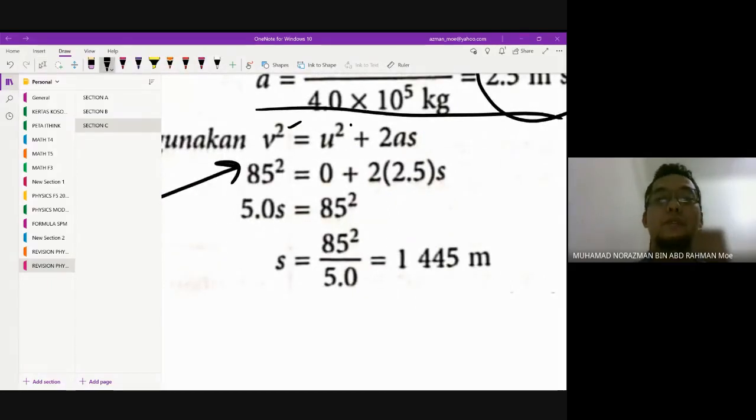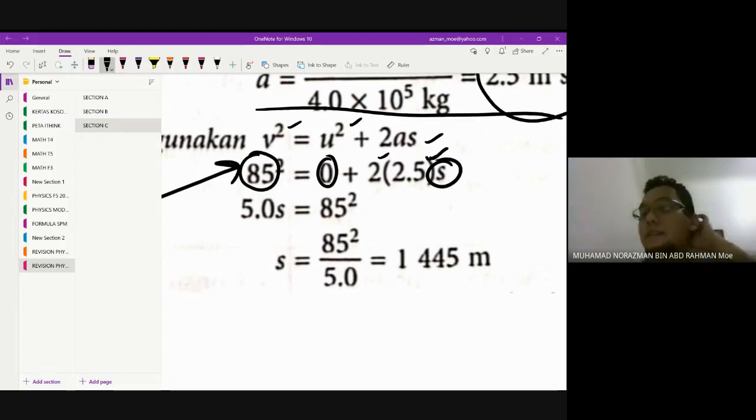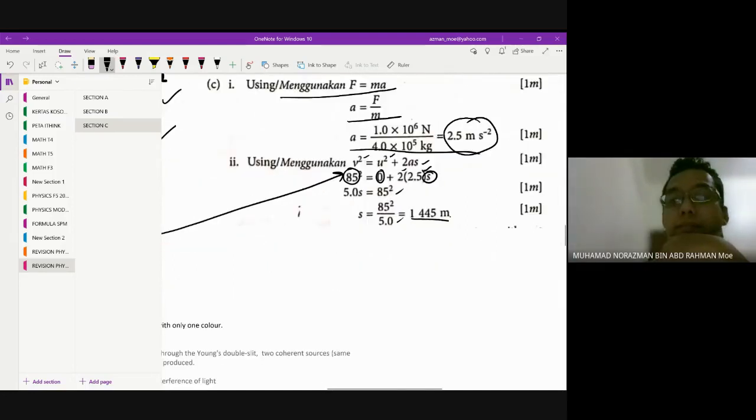V square is equal to u square plus 2as, and we substitute the value of v, u is equal to 0, this is acceleration, and we can find the distance. Then calculation, and you find the minimum length.